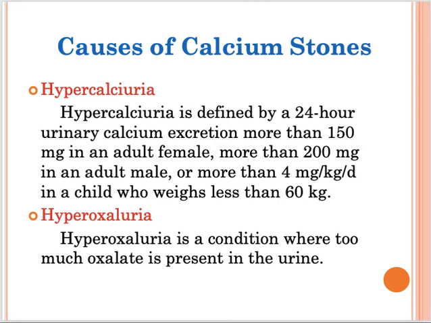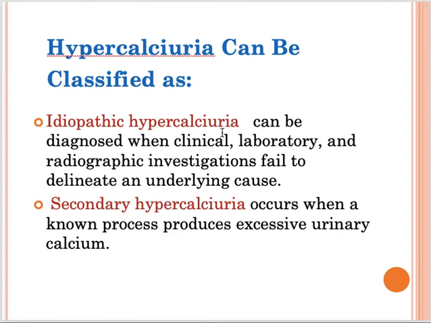Then hyperoxaluria is a condition in which there is too much oxalate in the urine. There are many other reasons, like idiopathic hypercalciuria or secondary hypercalciuria. So there are different reasons by which these stones are formed, and I think you have gone through that.